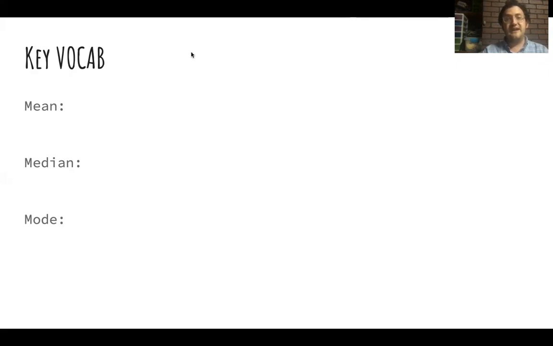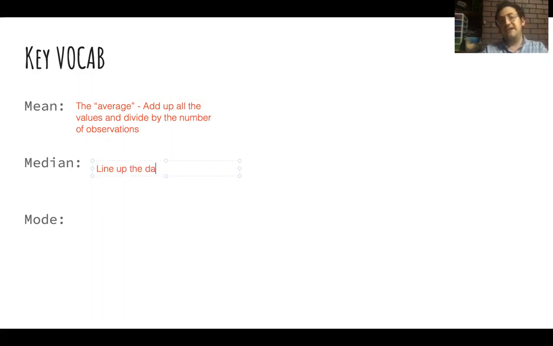So we could say that the mean is essentially the average. And what you do is you add up all the values and divide by the number of observations. And then the median, you line up the data from least to greatest, find the middle number.